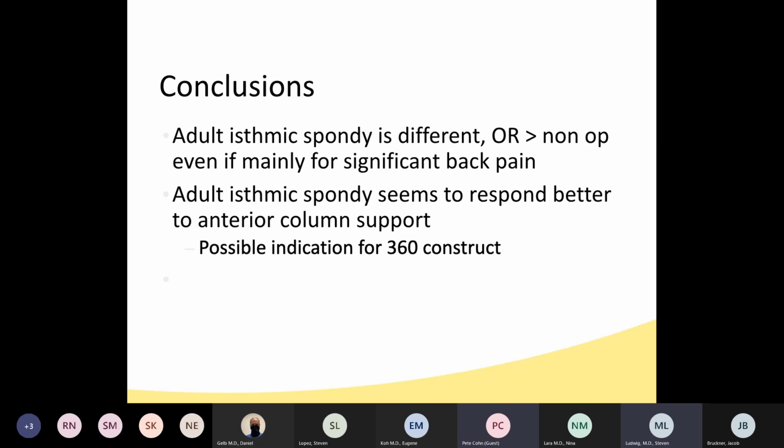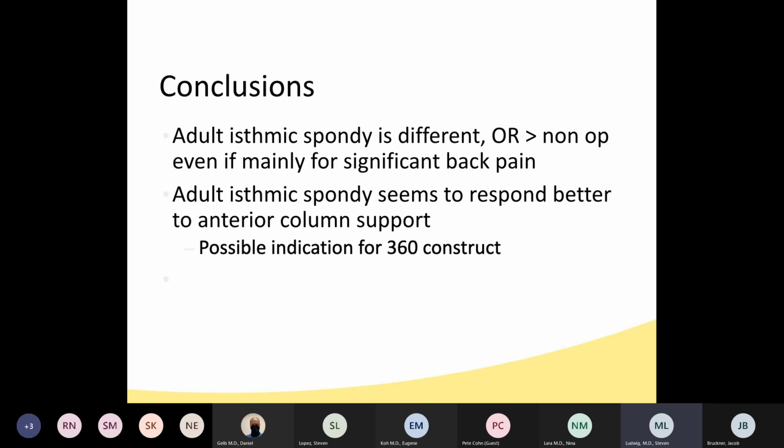I think Dr. Gelb already alluded to somebody that is decompensated, multi-level spondies, patients that are kyphotic or have rotatory listhesis may fare better, or poor fusion hosts, or those with severe foraminal disease, may require interbody support.